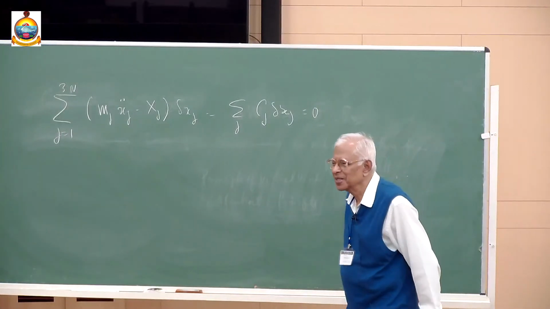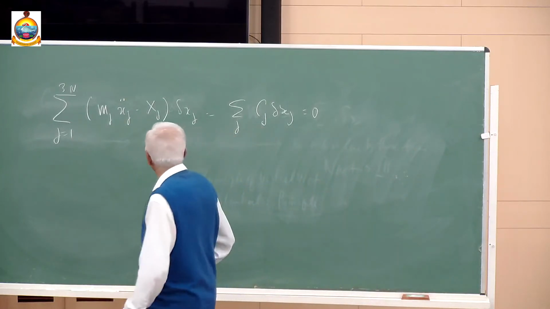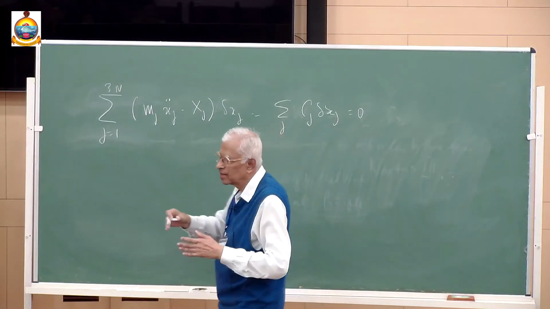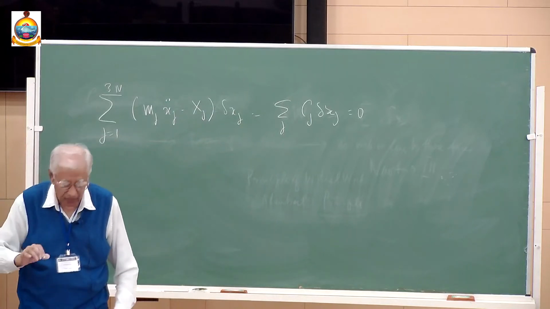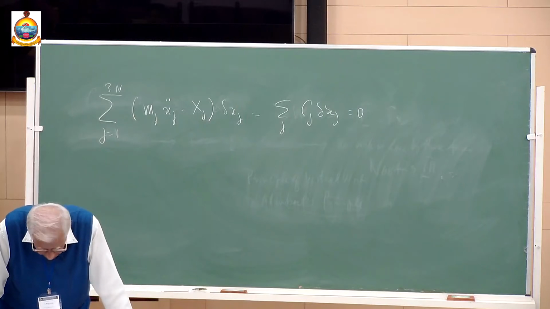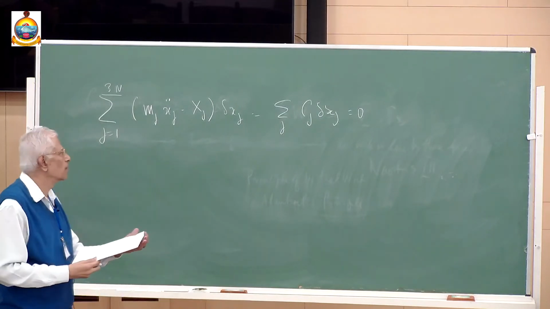That I will leave to the statistical physics part of the course. So I want to emphasize this is not a mathematical statement. It's a physical fact that the constraint forces, in many examples which are given there in the Sommerfeld book, you can convince yourself that this is true.